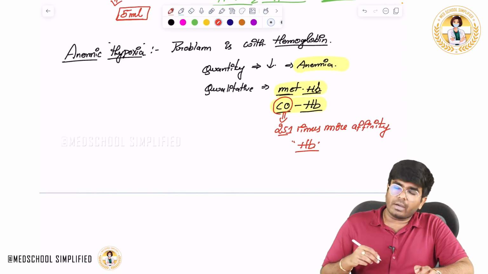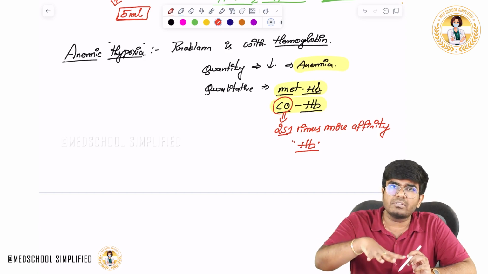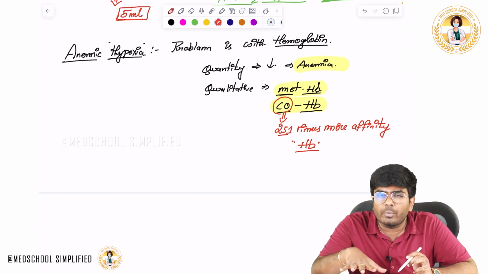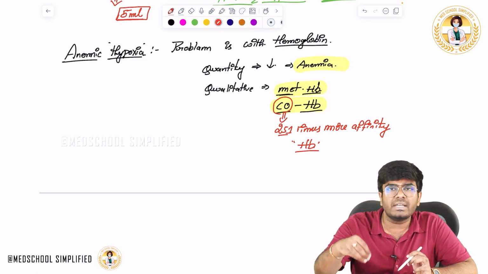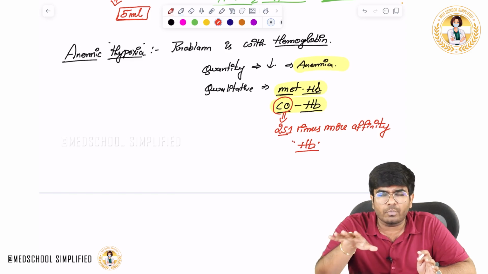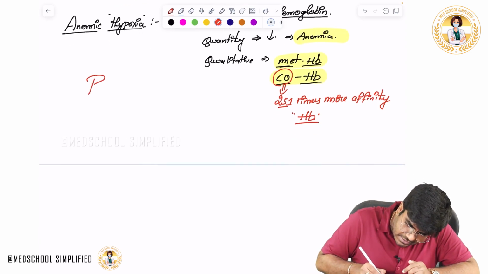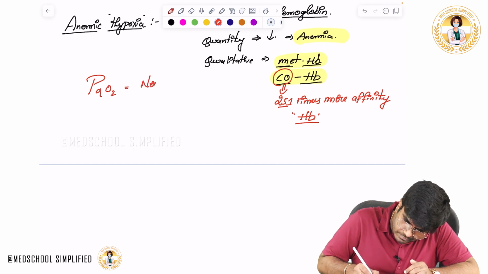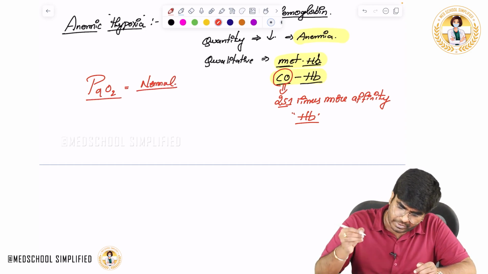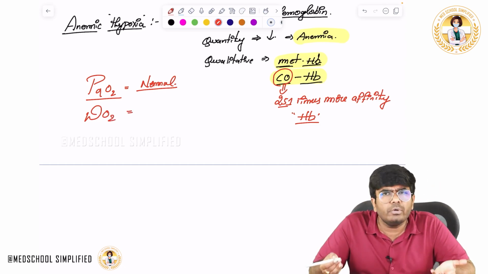So in anemic hypoxia, oxygen is going into your blood, no doubt. Oxygen is getting dissolved into your blood. But the problem is with hemoglobin. Oxygen is diffused and oxygen is getting dissolved. So there is no problem with the diffusion. Outside oxygen is okay, and oxygen is getting dissolved. So what happened to the partial pressure of oxygen? The partial pressure of oxygen in your arterial blood is going to be normal. So the partial pressure of oxygen is normal, which means dissolved oxygen is going to be absolutely normal.